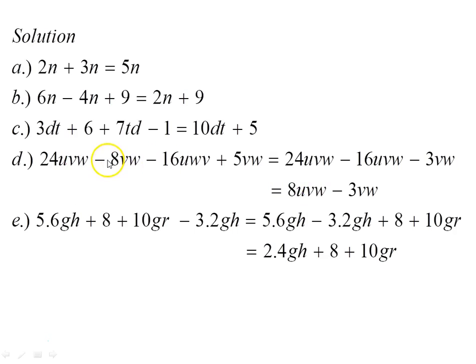Now coming back here, negative 8vw plus 5vw can be combined to give us negative 3vw. Negative 8 plus 5 gives us negative 3, and the vw. So for all four terms here, the simpler equivalent expression will be 8uvw minus 3vw.